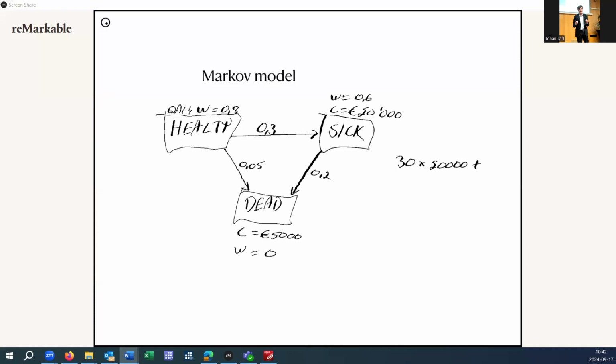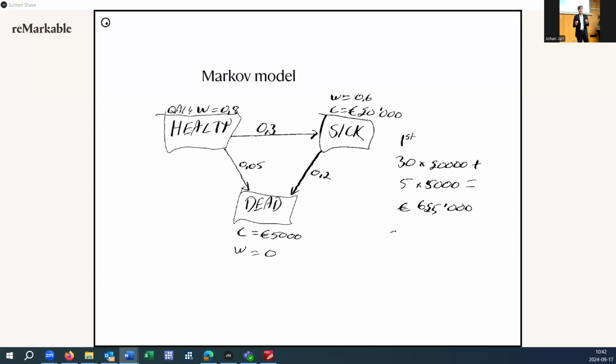But we also get cost for the dead health state. That was the lost productivity. And in the first round, we have 5 times 5,000, which gives us a total of 625,000.